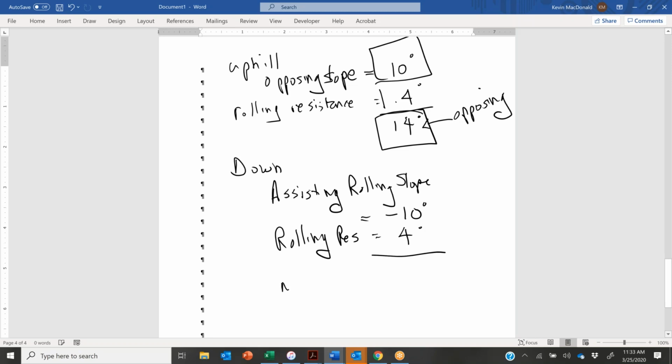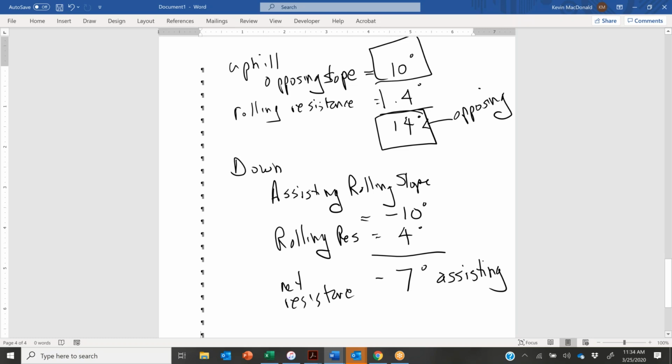And so our net slope or net resistance is 7 degrees assisting. So even though we're going downhill in one case and uphill in the other, the rolling resistance remains about the same. So the rolling resistance makes climbing hills harder, and it makes going downhill worse.